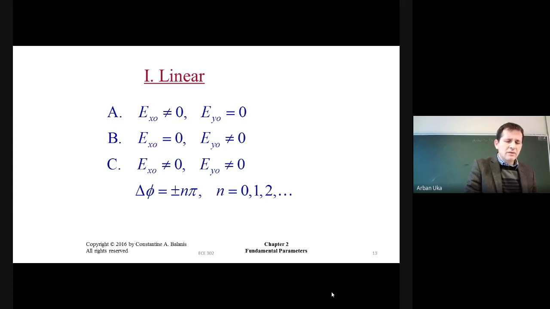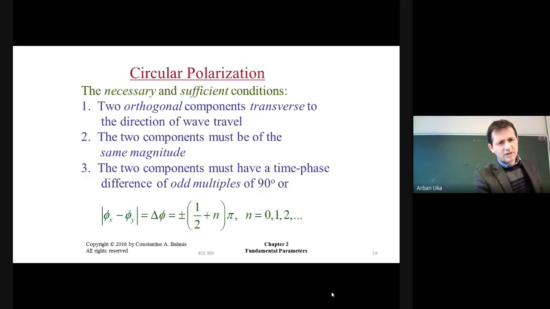In the second case we have the polarization along the y-axis. In the third case we have linear polarization, but this time Ex and Ey are different from zero, with a phase difference of n pi, where n can be 0 or 2, which means that it will still be 0. So whenever there is a phase difference of an integer number times 180 degrees, that will produce a linear polarization.